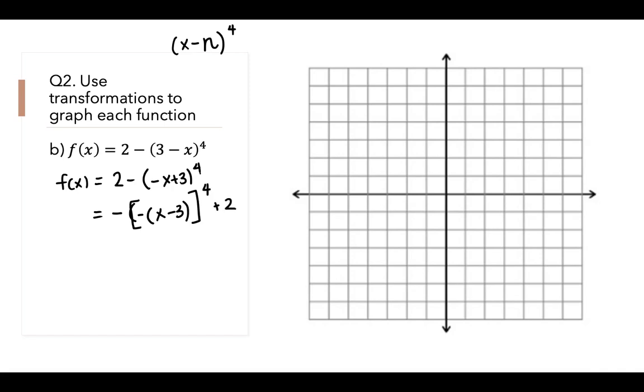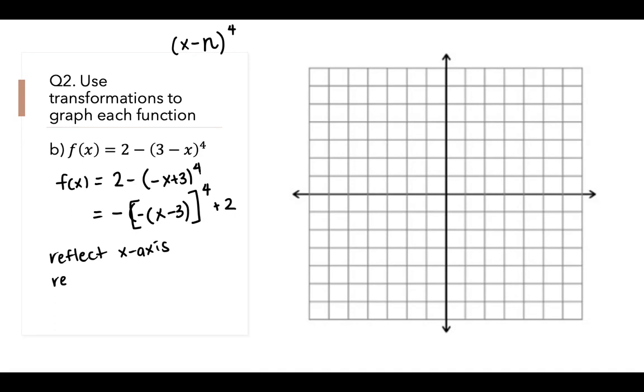I just moved 2 to the back so that we could see that the d value is the same as whatever is in front of it. Okay, now let's see. So we have a double negative here. For the first one, we have reflection through the x-axis. And then the inside of the bracket represents a reflection through the y-axis.